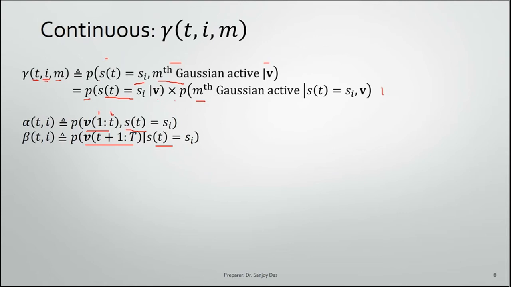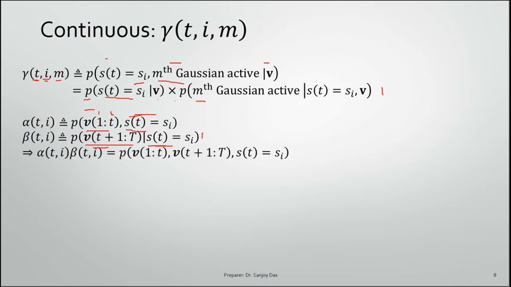This is the difference which you are already familiar with. This is a joint probability of the past and present output and the state s_t equals s_i, but this is a conditional probability of the future outputs given s_t equals s_i. That's the condition, s_t equals s_i.